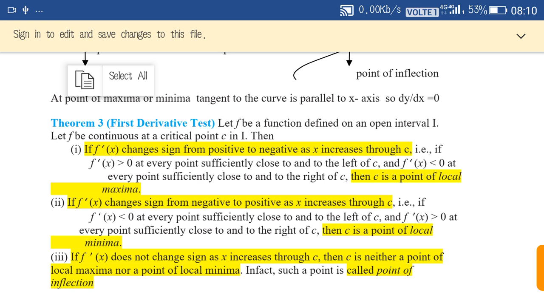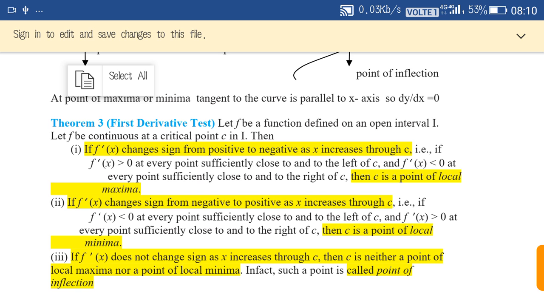If it is negative, and you take some value greater than that critical point and check f dash x, if it is positive, then you can say that the function has minima at that point.